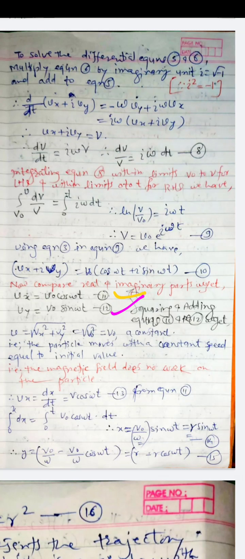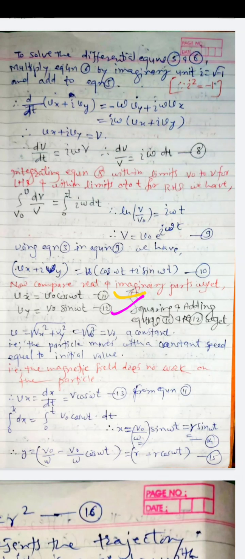These are equations 11 and 12, produced by comparing the real and imaginary parts of equation 10.